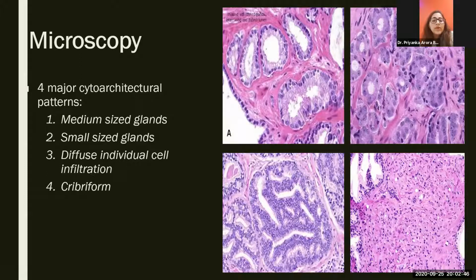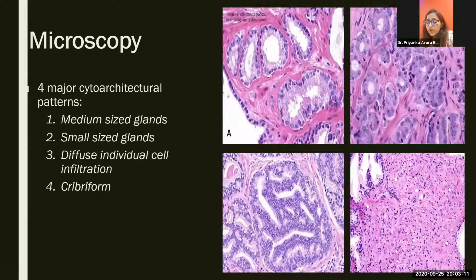High molecular weight cytokeratin is the cytoplasmic stain that stains these basal cells, and P63 is the nuclear stain that stains the basal cell nuclei. Note these 2 stains, very, very important. And obviously the other cells are stained by PSA and a lot of other markers.